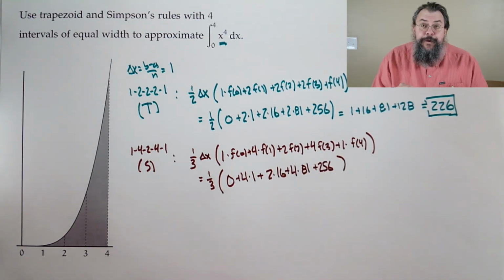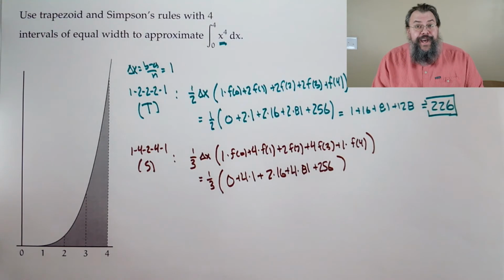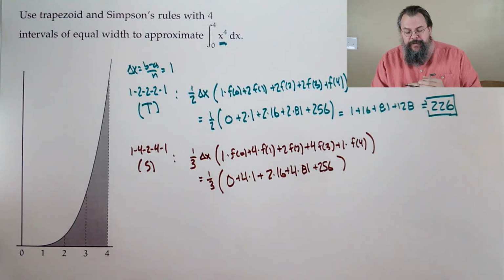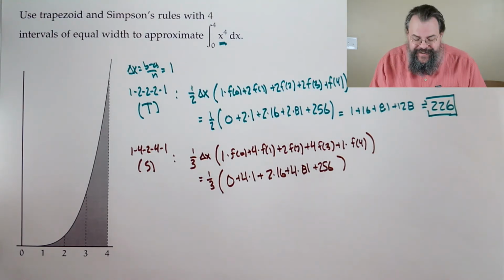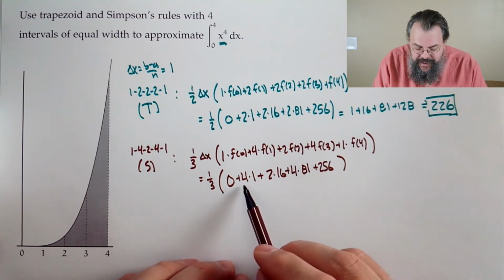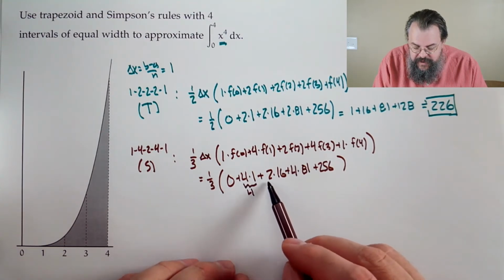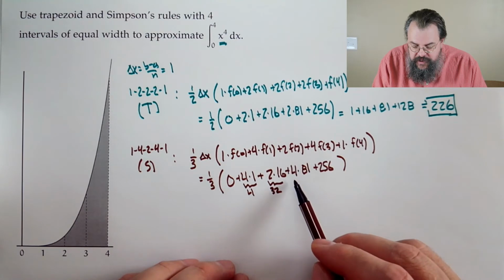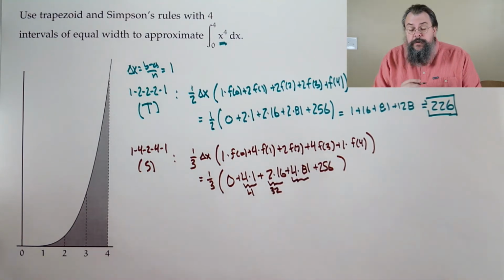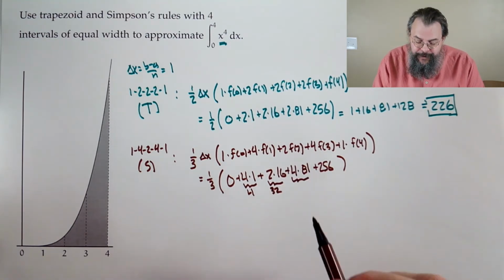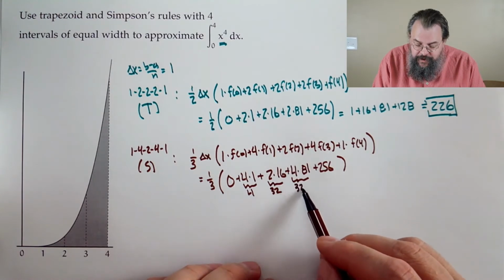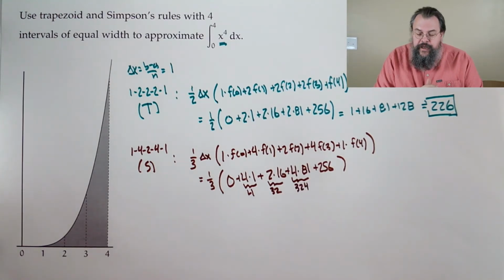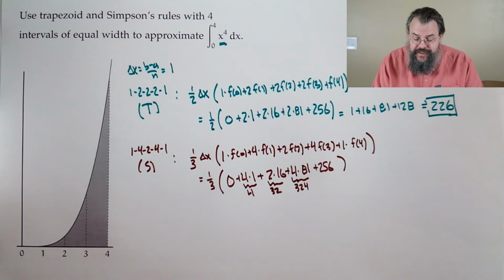Well, this one might be a little bit more work for us to do, but that's okay. We don't mind work. I mean, we're mathematicians. We're all friends here. So let's see, we got 4. Then here would be 32. And this number, whoa, 4 times 81, 324. Wow, what a glorious number. Okay, 324 plus 256.